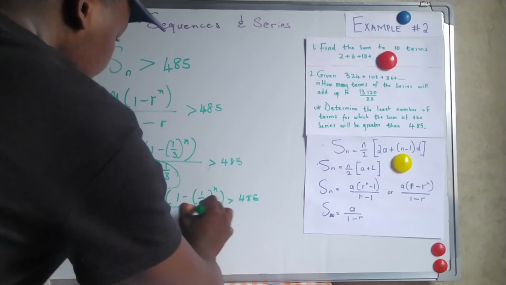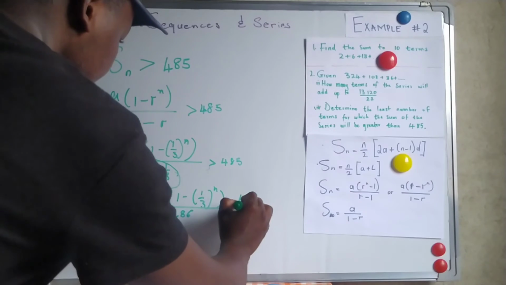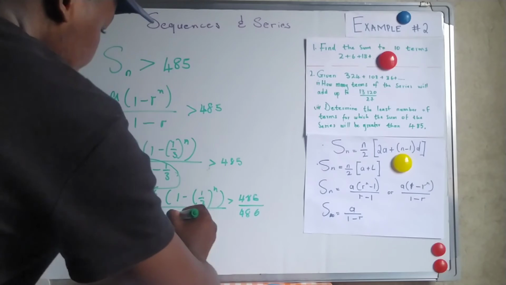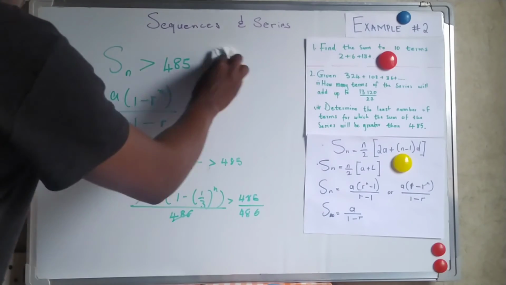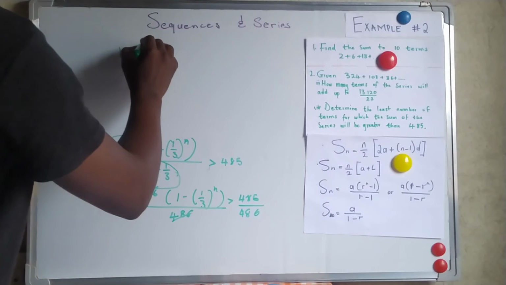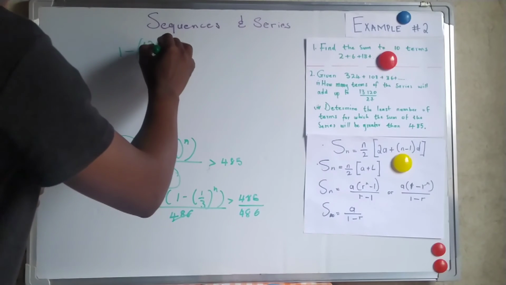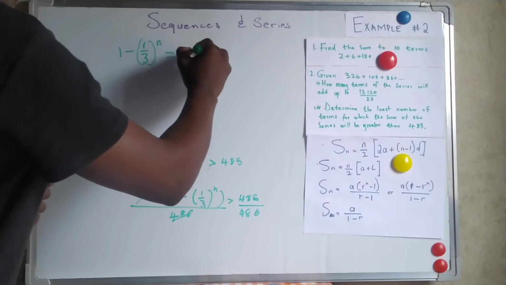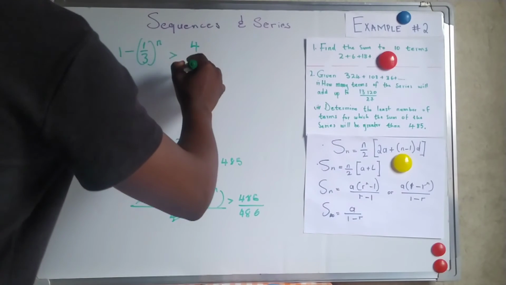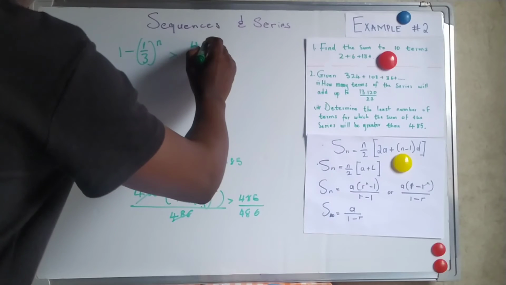Then we divide both sides by 486. We are left with 1 minus 1 over 3 to the exponent n is greater than. We should not change this into an equal to sign.